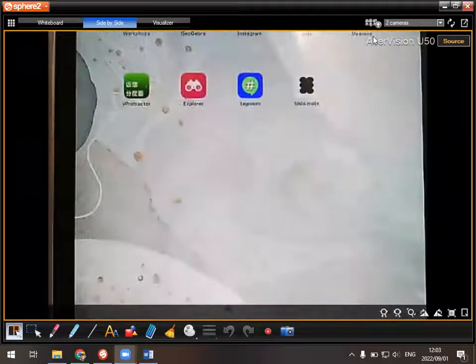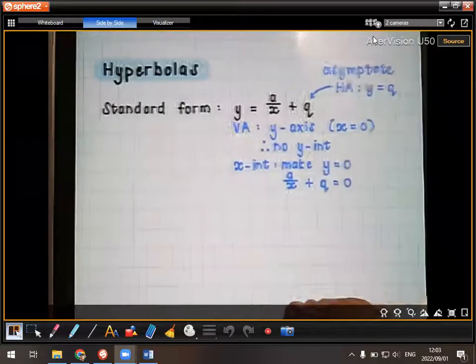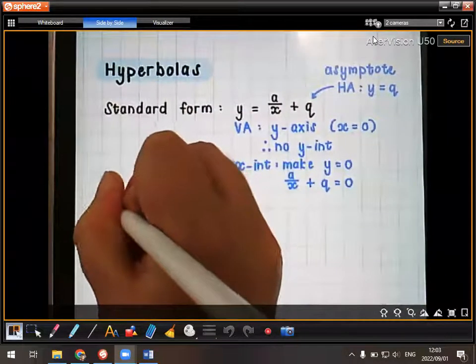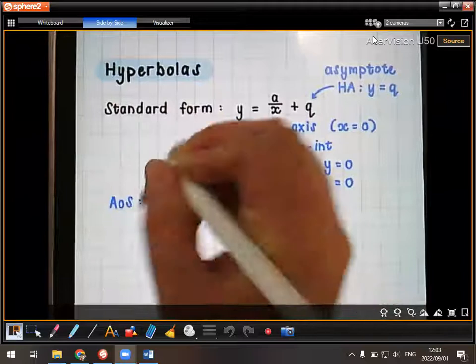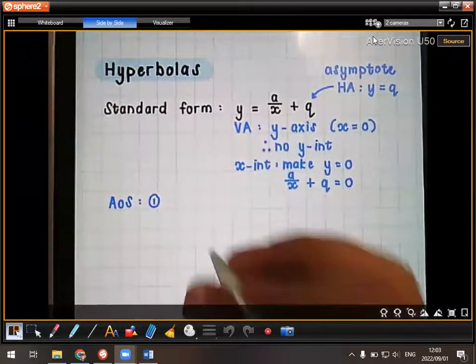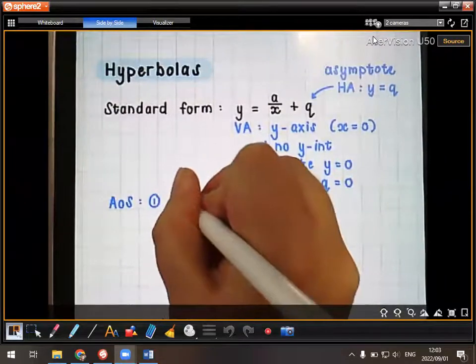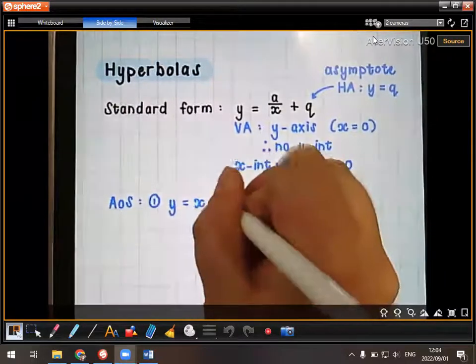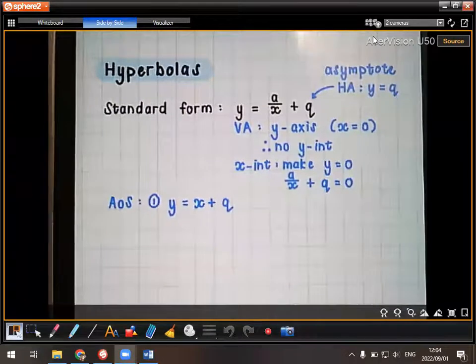Now, guys, the way of calculating your axis of symmetry, I'm just going to write it over here. Actually, very easy. It's going to be y equals x plus q. That is going to be the one.